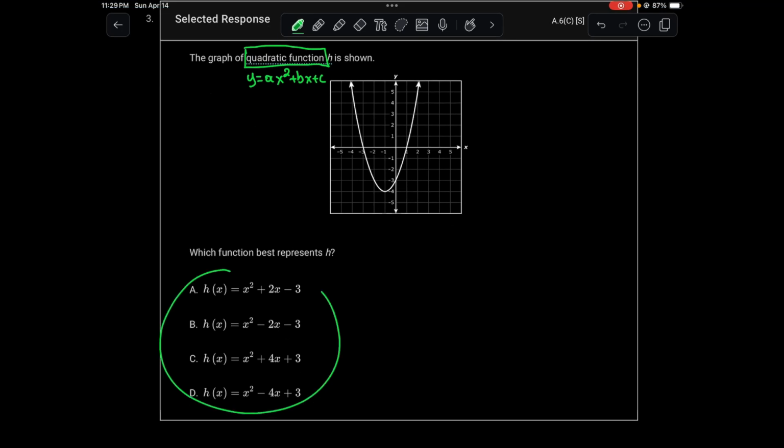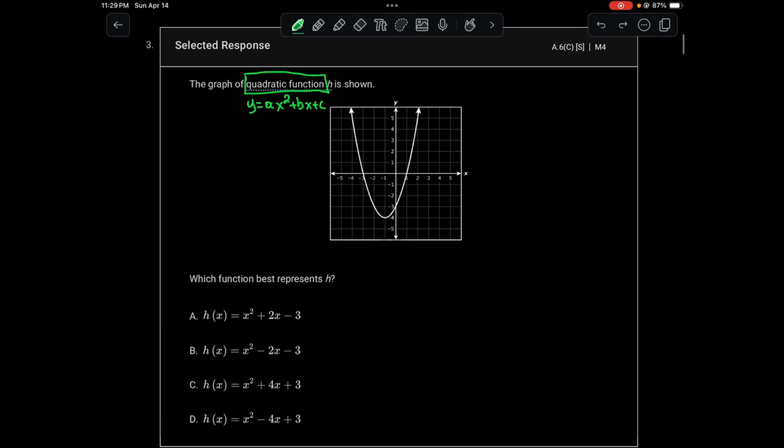If I look at the answers, I see that yeah, this is the standard form that they are looking for. Okay, I see the graph of a quadratic, which is a parabola, a U-shaped curve. Which function best represents h? Okay, so I need to find which function is the correct one.